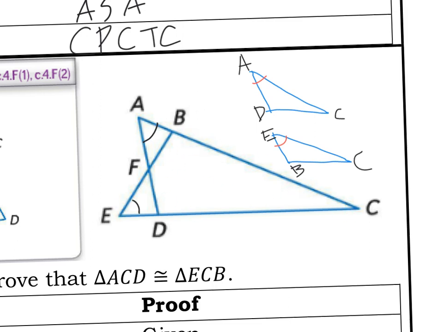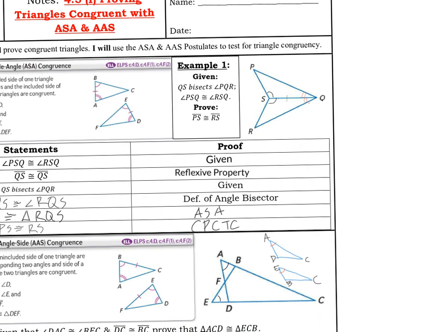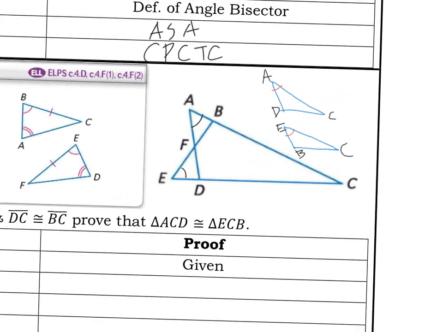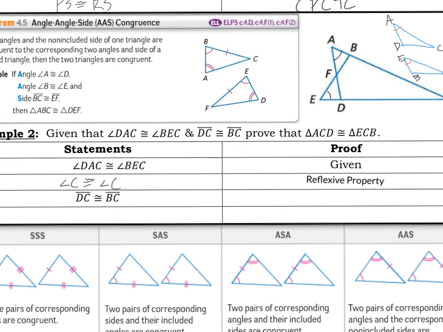They are overlapping and they are sharing this angle C. So if they're sharing it, just like they were sharing this leg of QS in the first example, then that's also congruent because of the reflexive property. So that's officially what I wrote down. And so now we have two angles that are congruent to each other.